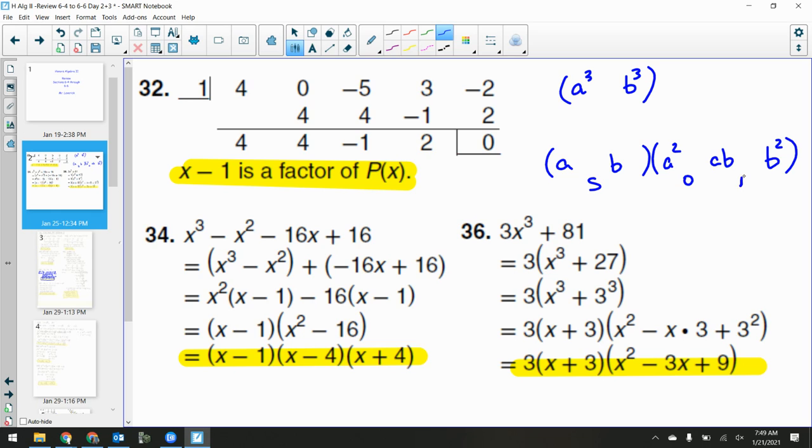Same, opposite, always positive. So, for example, if this was a plus sign, this would be a plus, minus, always positive. Same sign, opposite sign, always positive.